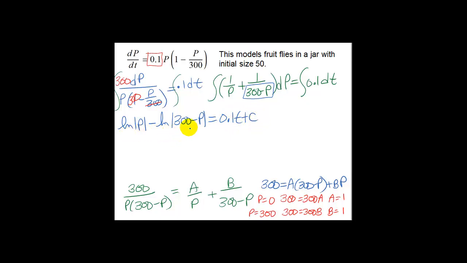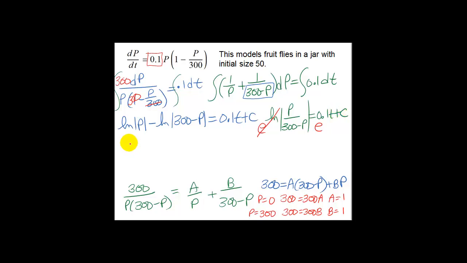Now we can combine these under one log, so that's the natural log of p over 300 minus p equals 0.1 t plus a constant. We're trying to solve this for p, so we're going to exponentiate both sides. We won't need the absolute values because exponentials are going to be positive here.